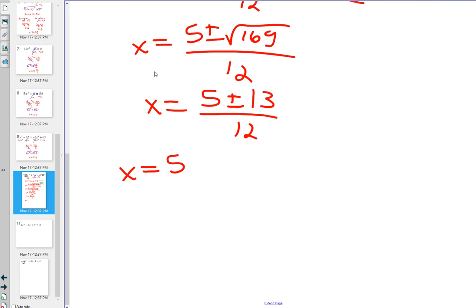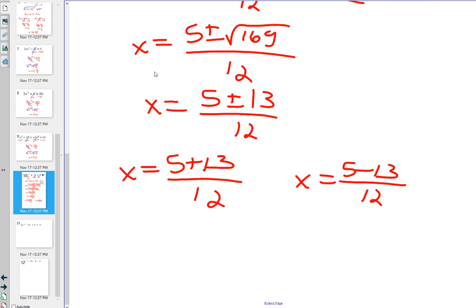And say x is 5 plus 13 over 12, and x is 5 minus 13 over 12. Isaac, what's 5 plus 13? That's a hard one. Just think about it and get back to me, Isaac.